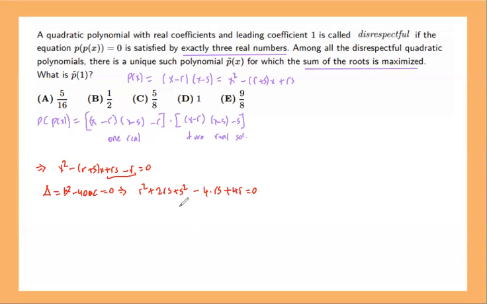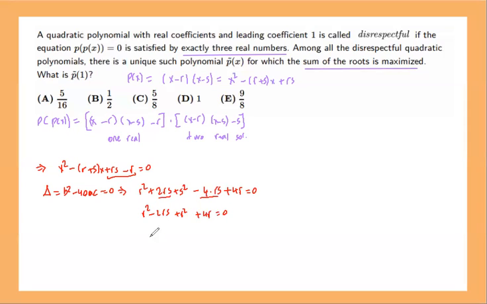And this has to be 0. It doesn't look helpful if you are not careful, because we have 2rs, then minus 4rs. Combine those and that will be minus 2rs. Combined with the two square terms, we get r squared minus 2rs plus s squared, plus 4r equals 0.